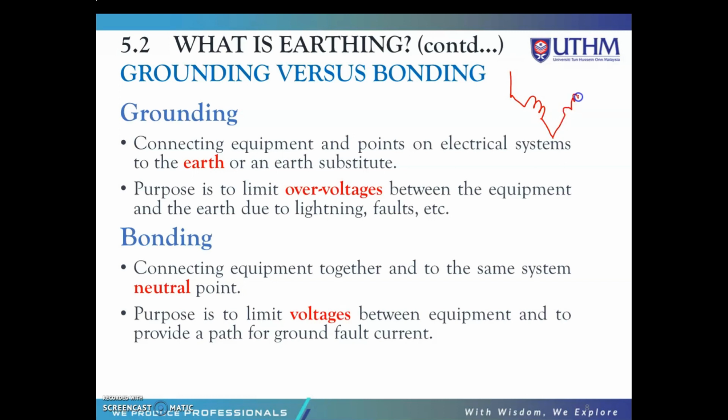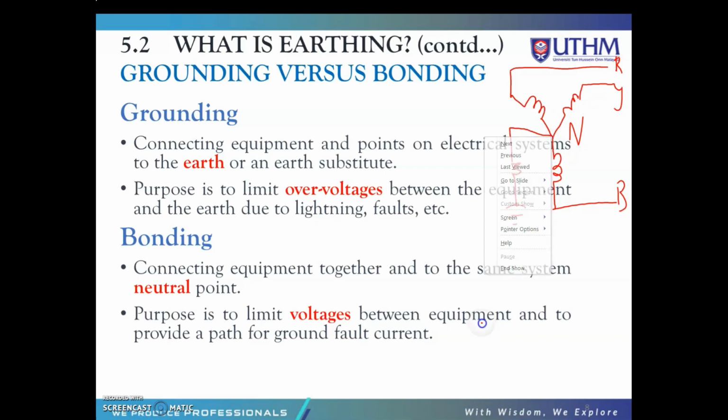So for example, we have a star connection here. We have the neutral point here, then we ground it. So this one is R, Y, B, for example, and this one is the neutral. When the neutral point, we connect it to the earth. Okay, this one is earth.